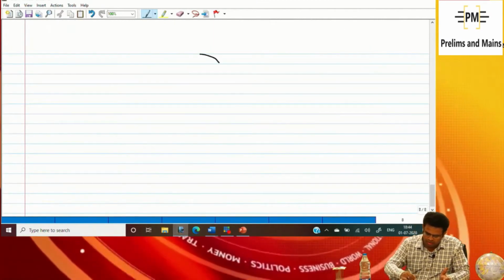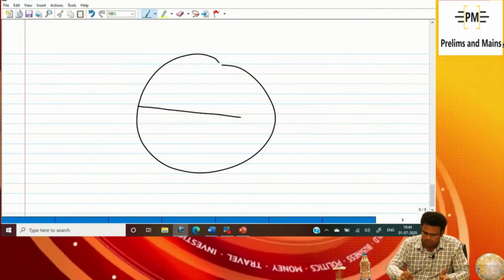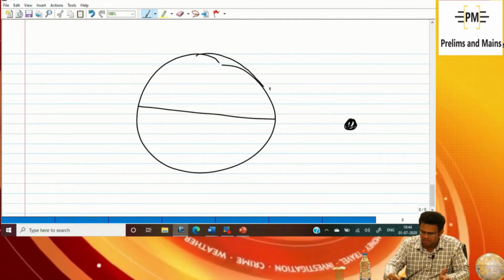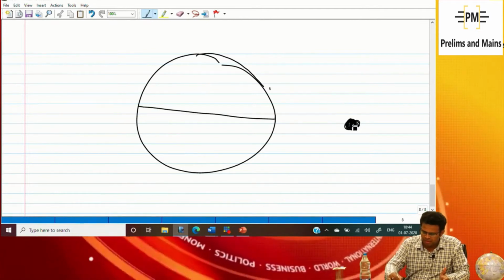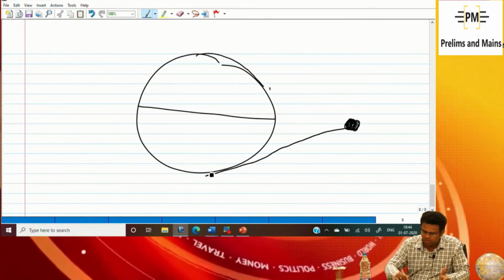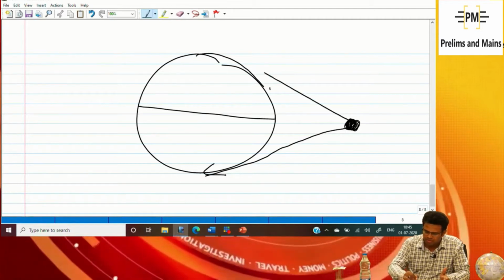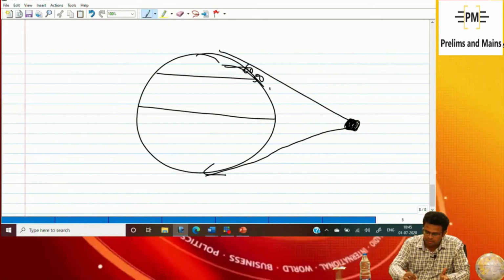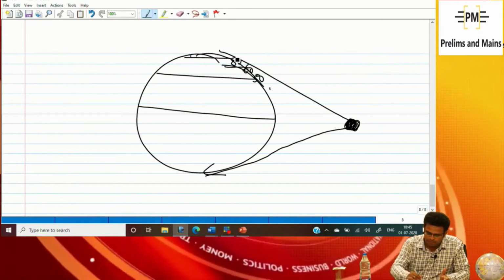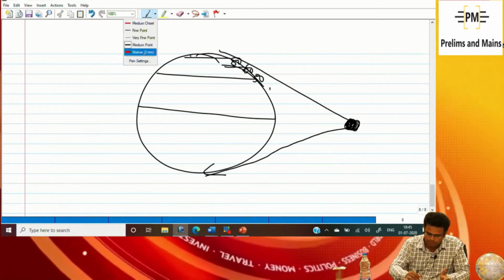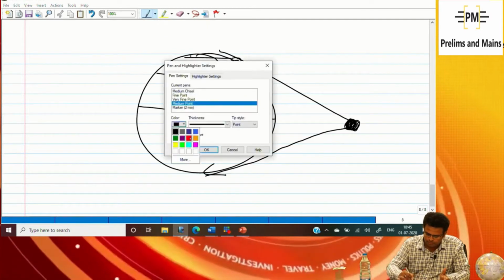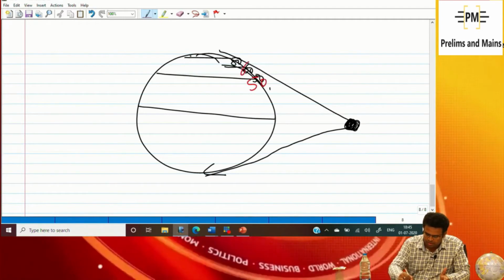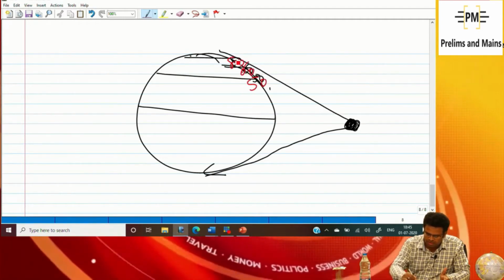If this is our earth and it is the equator, and a satellite is at 35,786 kilometer, then the signal towards the pole will go toward these: 50 degree, 60 degree, 80 degree, 90 degree.